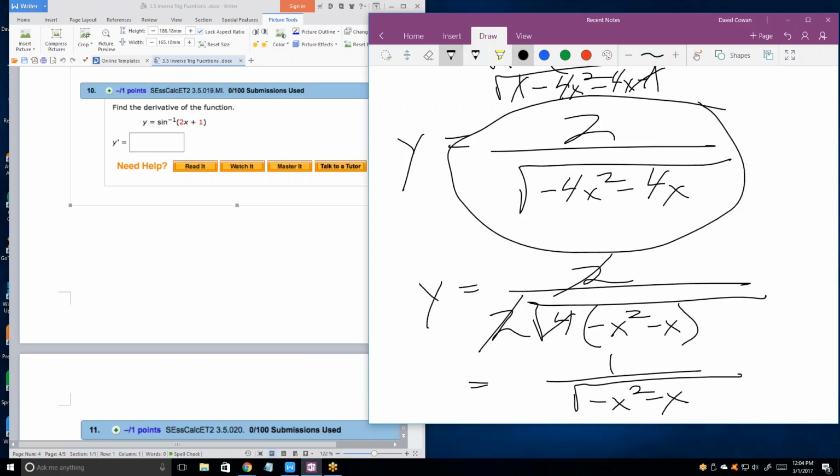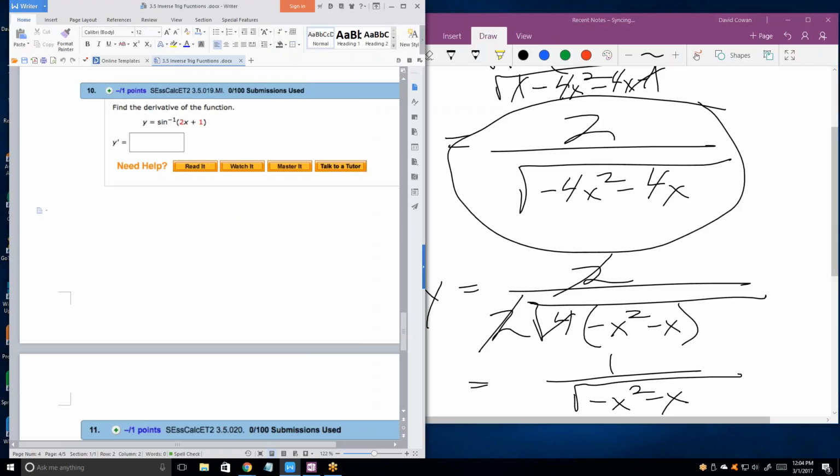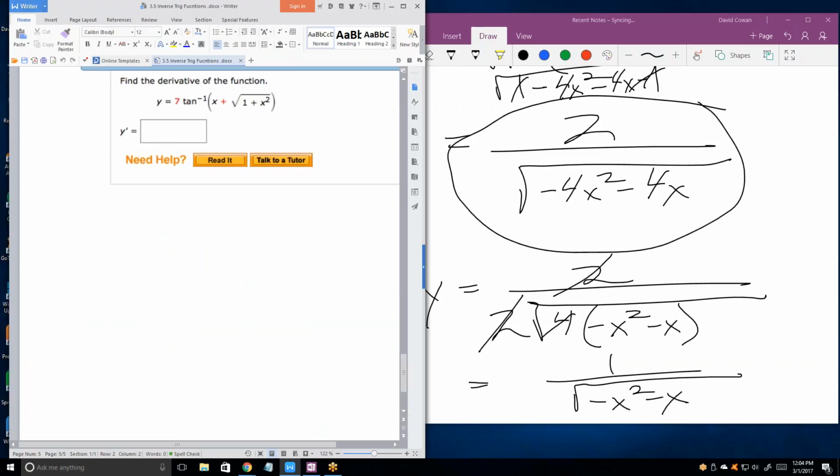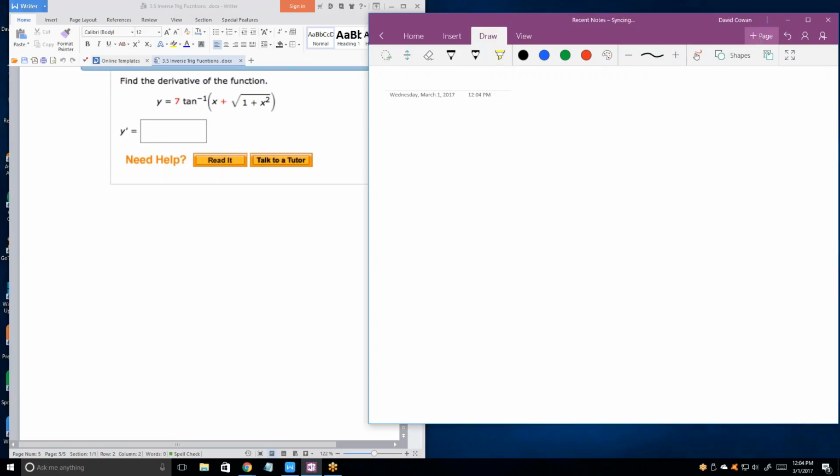Okay. Go to 11, or we do the really tough one, although this could be pretty tough too. What's u? u is x plus the root of 1 plus x squared.